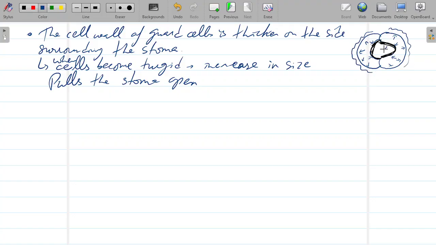The cell is not increasing in size over here. And so, right, it's pulling this part as well as it's increasing. So the stoma opens.